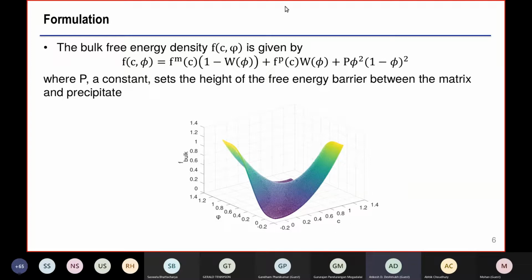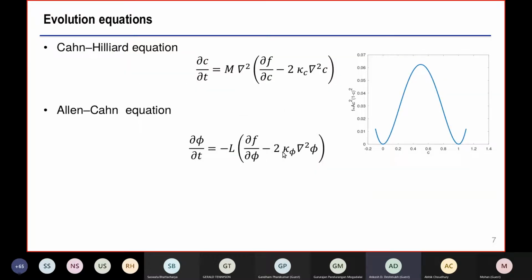As a representative I am showing this plot, and if you change the FM and FP, similarly you can get the values for a real system and visualize how it is going to change. And these are the evolution equations I was mentioning, the final evolution equation.